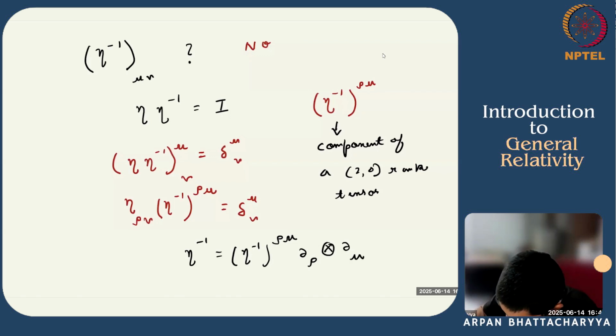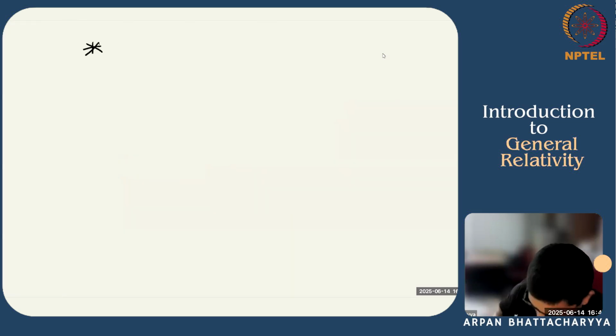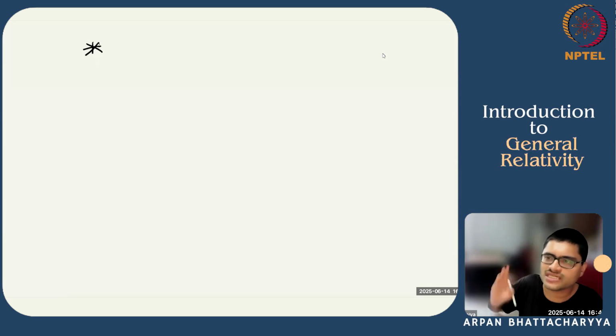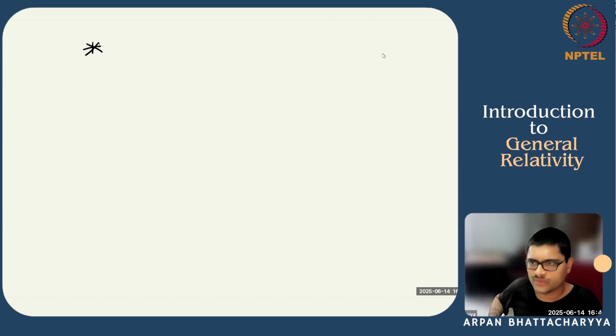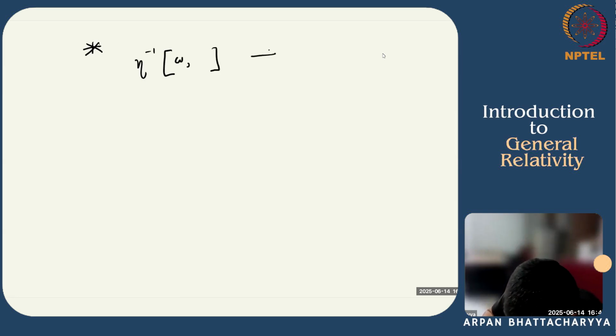Now, just like what we have done with eta, we can also define a map which relates a one form to a vector using this inverse Minkowski tensor. So eta inverse, again eta inverse is symmetric, so let's insert a one form omega in one of the slots, and we can show that this gives a vector.